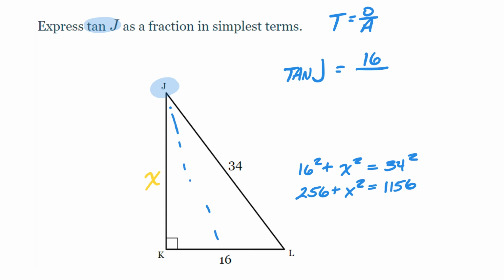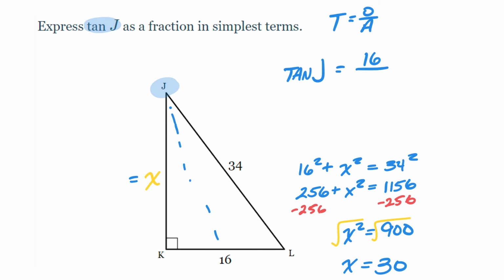Solving for x, we need to subtract 256. X squared equals 900. So if x squared equals 900, we take the square root, and x equals 30. So this missing side, which was our adjacent side, is 30.